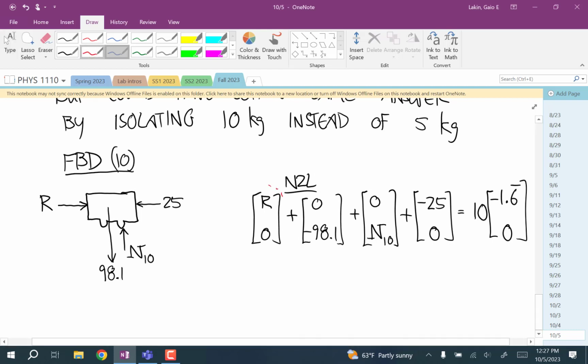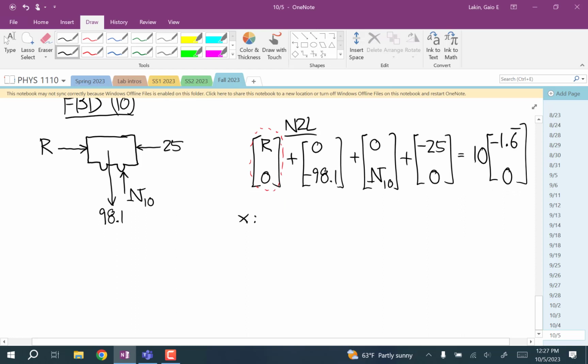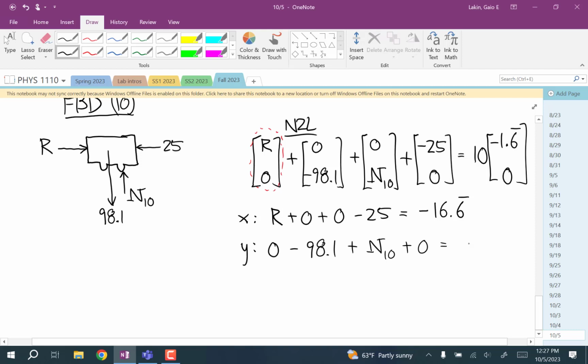And this force here is the force on the 10 by the 5. So break this into the two equations. It says R plus 0 minus 25 is equal to negative 16.6 repeating. And the y equation says 0 minus 98.1 plus N10 plus 0 is equal to 10 times 0.